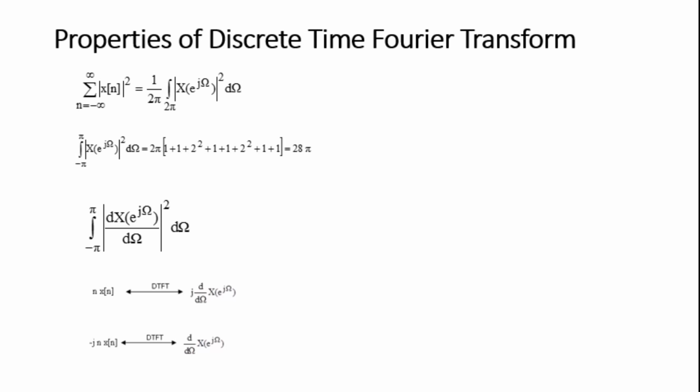Then summation n equal to minus infinity to infinity mod of x of n square is equal to 1 divided by 2 pi integration over 2 pi mod of x of e power j omega whole square d omega, or integration minus pi to pi mod of x of e power j omega square d omega is equal to 2 pi into 1 plus 1 plus 2 square plus 1 plus 1 plus 2 square plus 1 plus 1. This is from the given figure, the amplitude of the signal. So after simplification we get 28 pi.